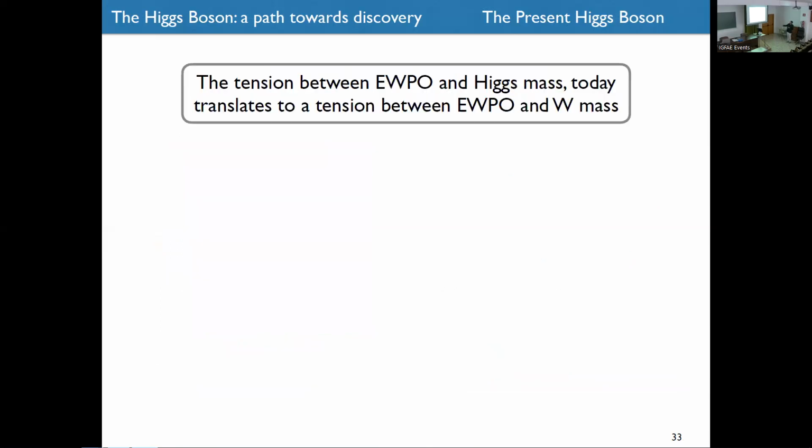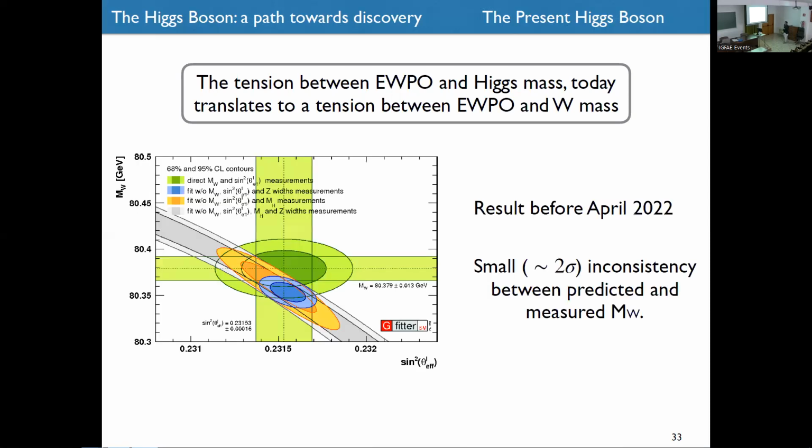Now, for the tension between the electroweak global observables and the measurement of the mass of the Higgs, these days that translates to a tension between the electroweak global observables and the measurement of the W mass. So before April 2022, these were our results.